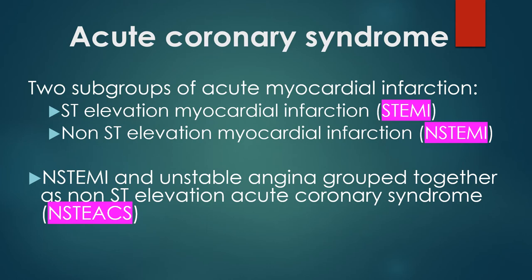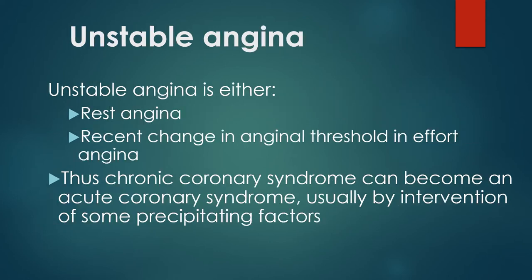Two subgroups of acute myocardial infarction are ST elevation myocardial infarction or STEMI and non-ST elevation myocardial infarction or NSTEMI. Non-ST elevation myocardial infarction and unstable angina can also be grouped together as non-ST elevation acute coronary syndrome or NSTACS.